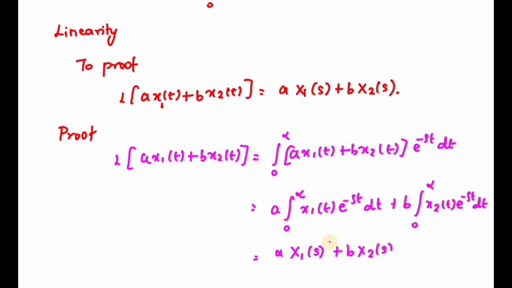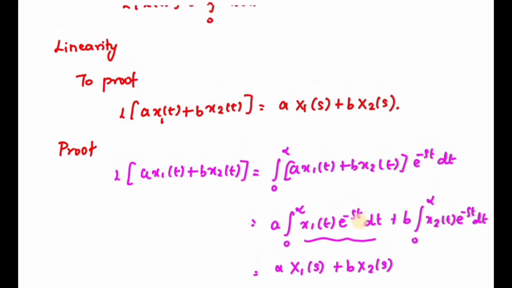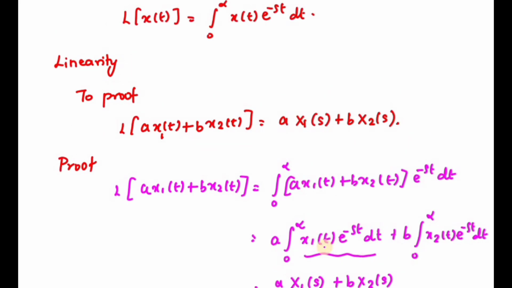This is nothing but the formula, capital X of s. So x of t gives X of s, and x1 of t gives X1 of s. So this is about linearity.